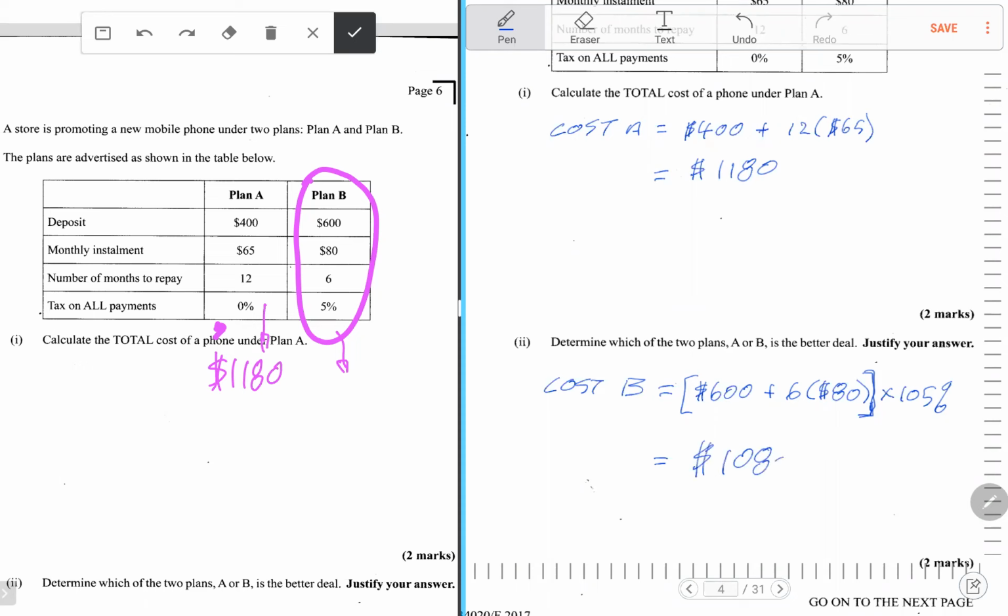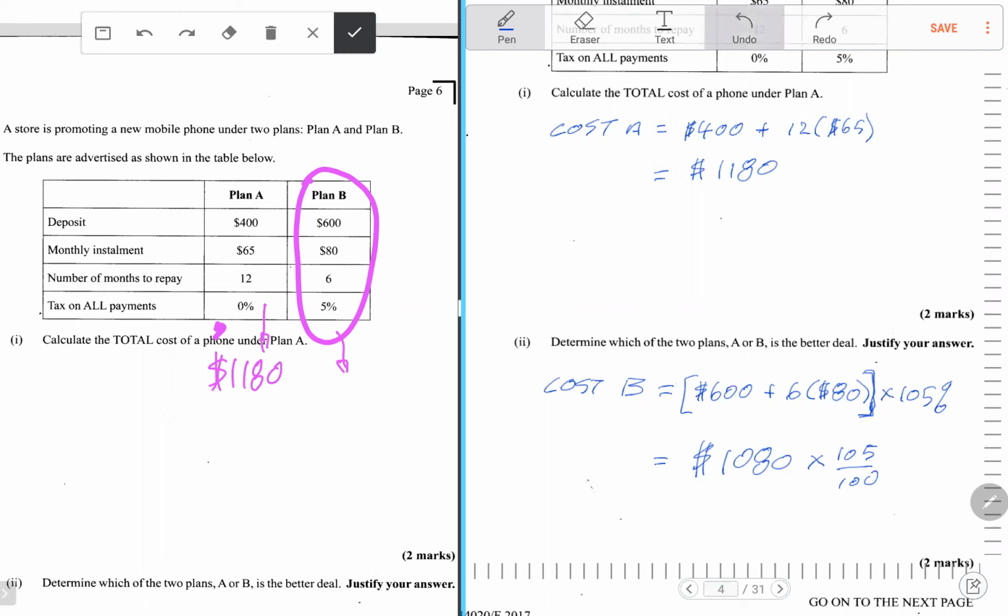But then you have to add a 5% tax. So to add a 5% tax, you can multiply this by 105 over 100. That is the 5% tax that you're adding right there. That will be the new value after you add the tax.